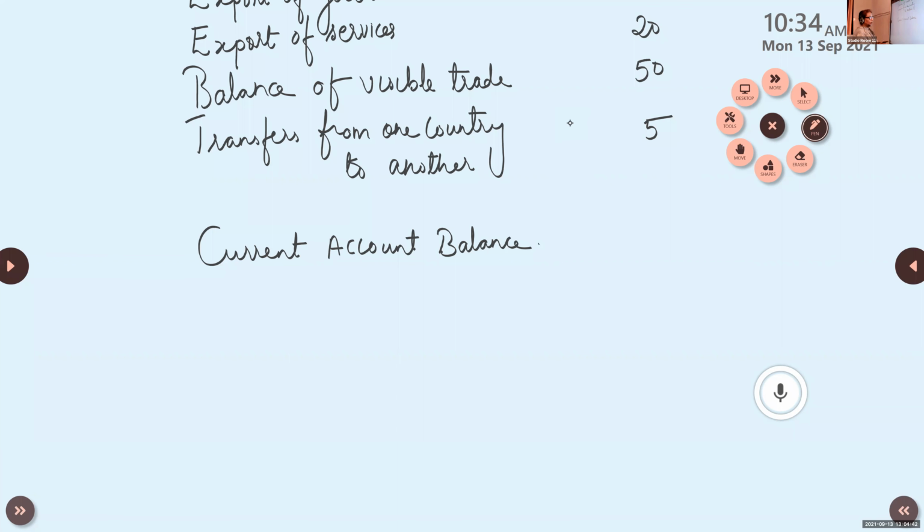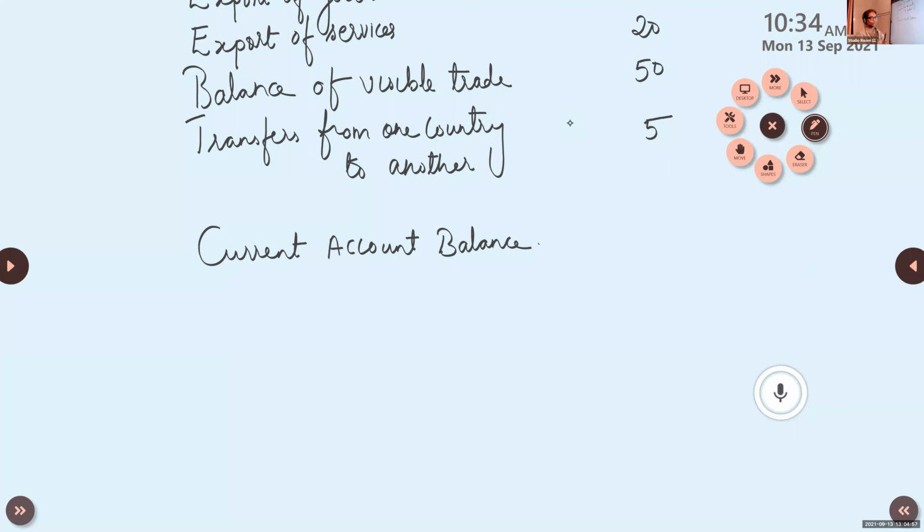Now, current account balance, what all things we should include? Only one answer I got in the chat box. What about others? Others, please complete and put it in the chat box.